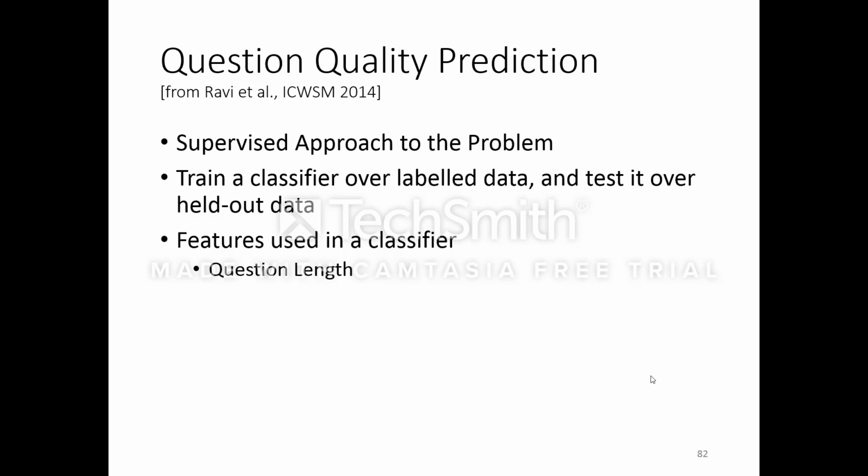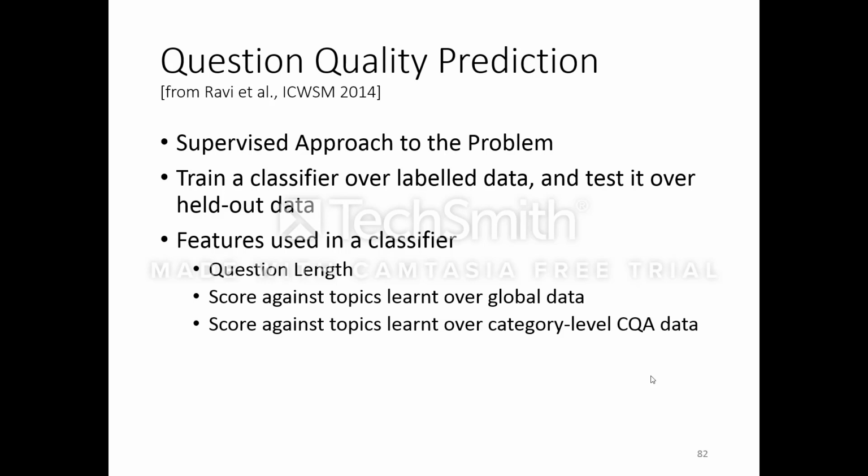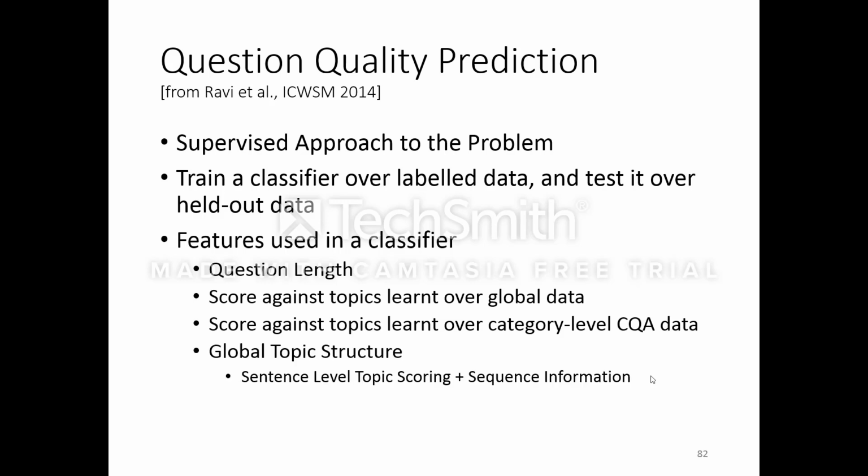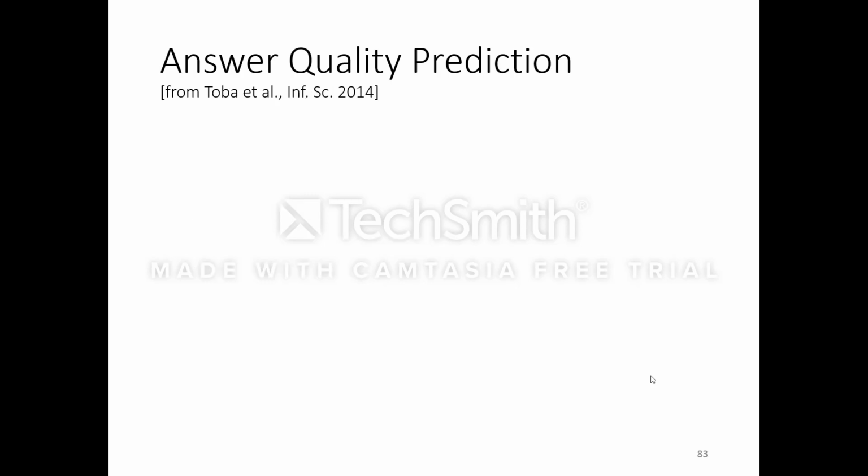So longer questions tend to be better researched. And score against the topics learned over global data, score against topics learned over category level CQA data, and the global topic structure, sentence level topic scoring plus sequence information, etc. So I'm not going into details of this model because you can always look up the paper, and it's basically a supervised learning model. Okay, so that's what they do.